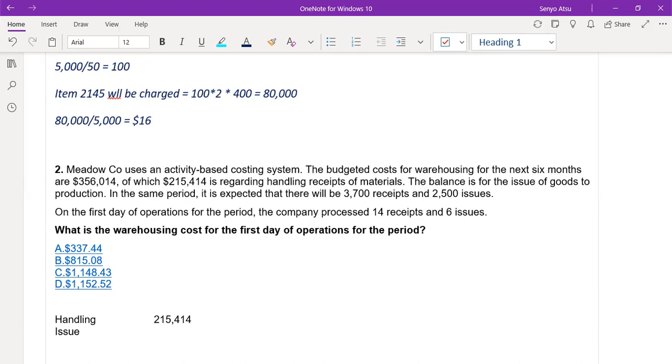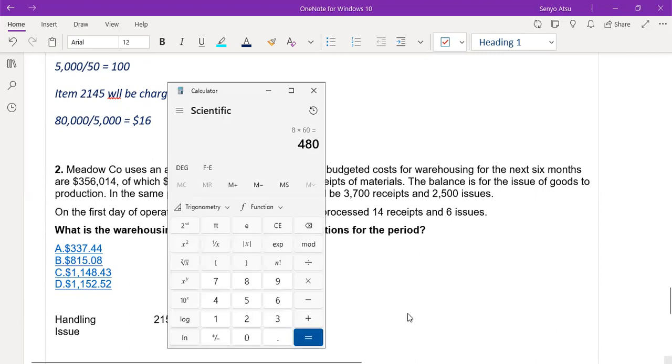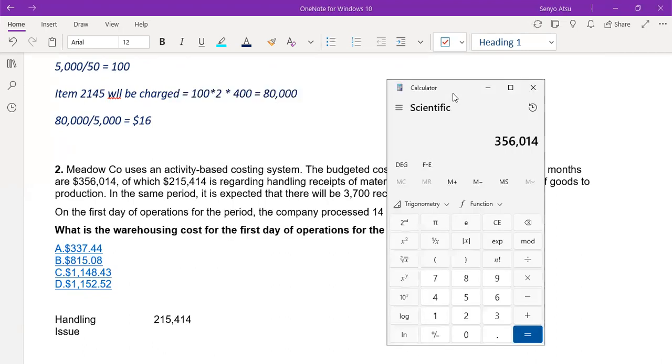So the issue cost is the remainder. Have you found that? $356,014 minus 215,414. The remainder is 140,600.